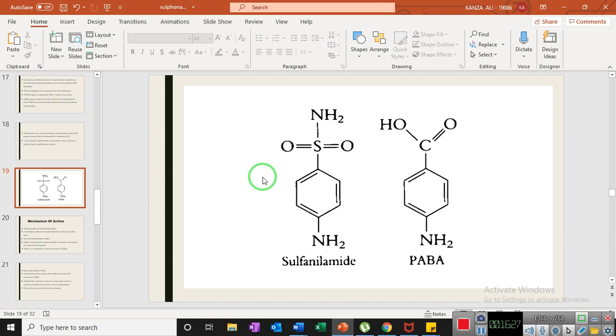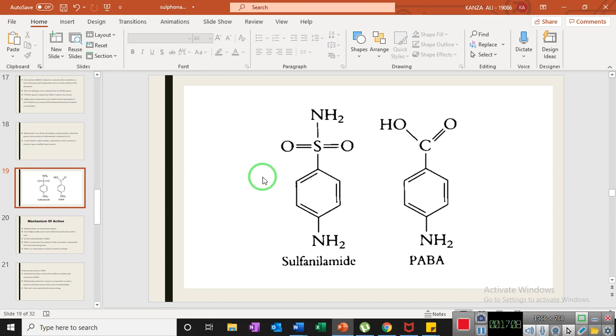Then this dihydrofolic acid will be converted into tetrahydrofolic acid and then to folate cofactors. Those folate cofactors act as one carbon donors in the synthesis of different nucleic acids, which are required for the normal growth of the cell.